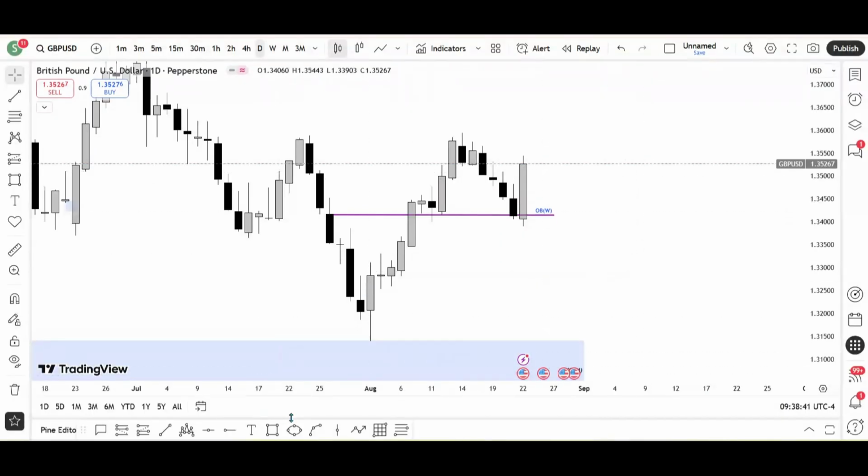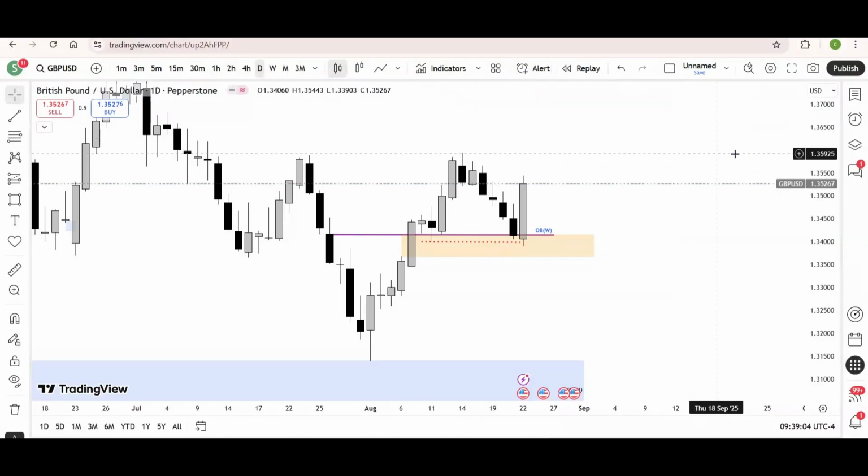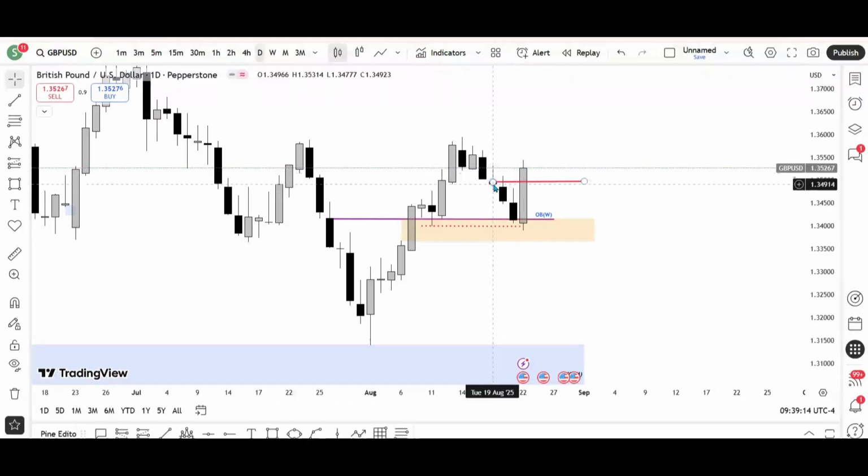So let's look at the daily time frame, and on the daily time frame, we have this fair value gap here, and it's also a good thing we got liquidity sweep here, and we also have this order block here created by price. So all these consecutive bearish candles which we have a bullish body close above them form our daily order block.